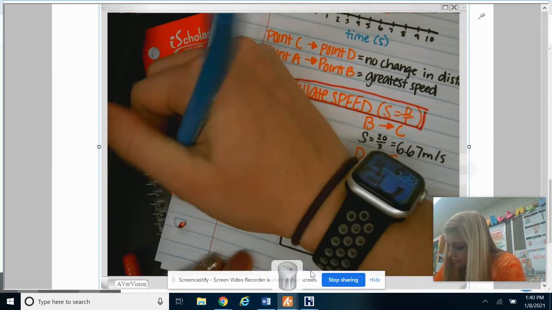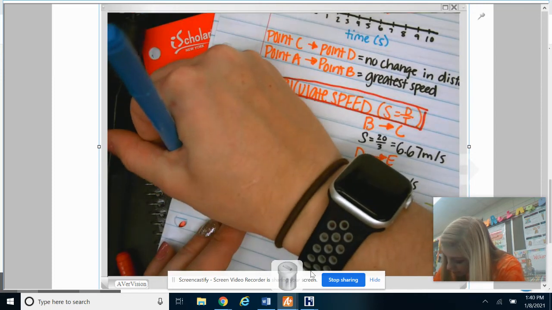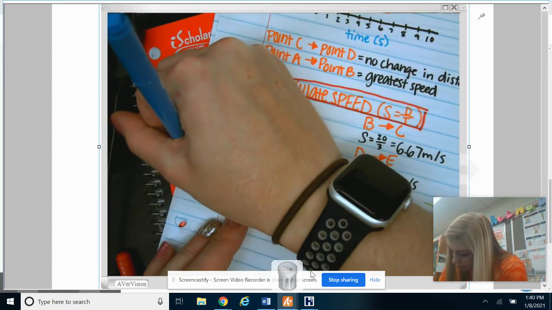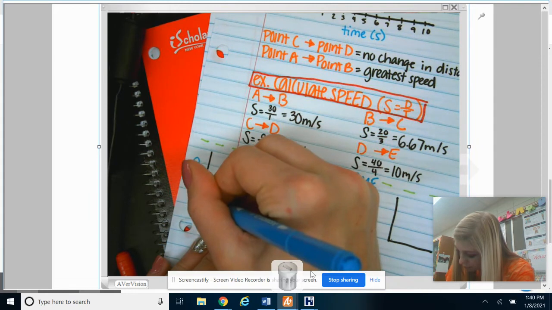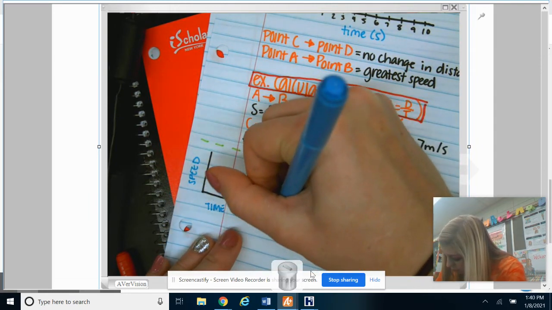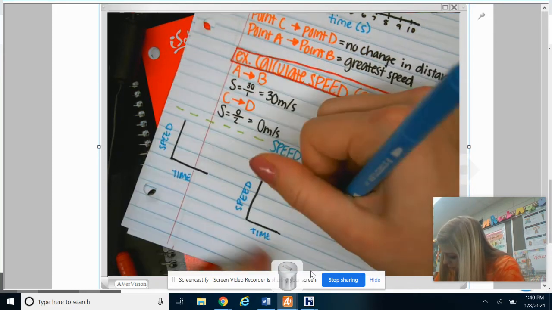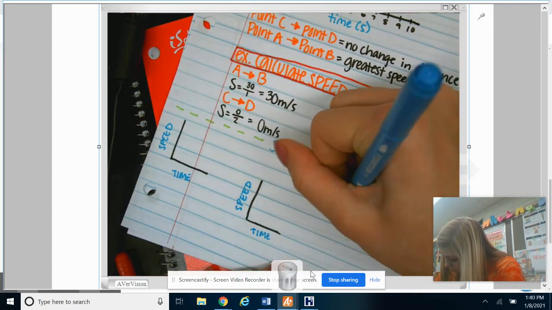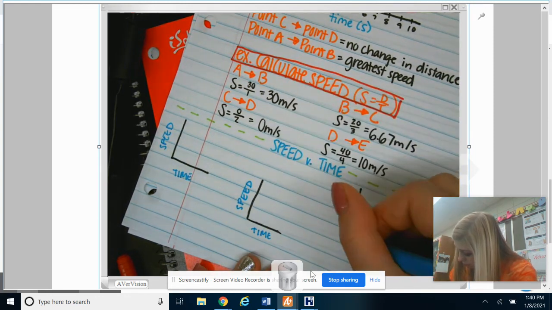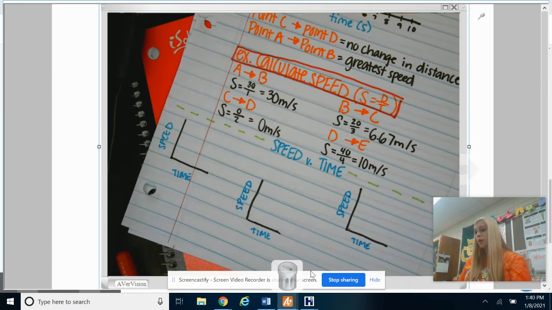These are all speed time graphs. So all 3 of these are going to be speed time graphs.